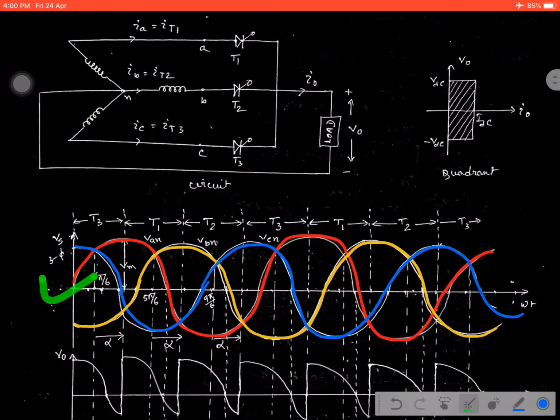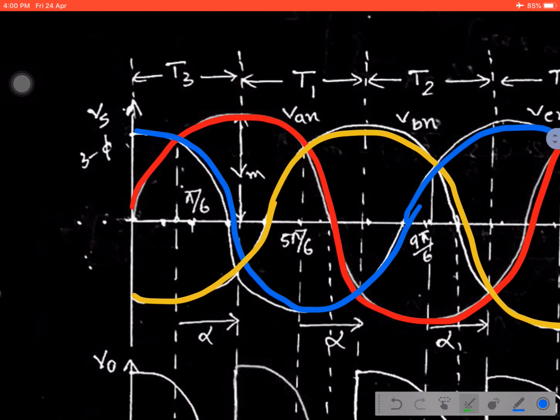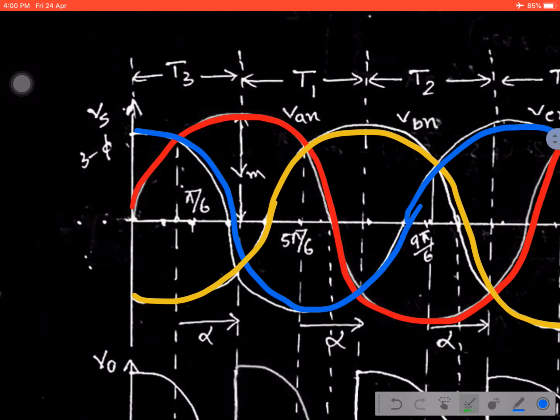Similarly, the supply voltage waveform is given here. Now consider when T1 will be fired. It will not start from 0. We consider the firing angle should be given after pi by 6. What does it mean? It's a very important part. See, in this particular region, 0 to pi by 6, what happened?